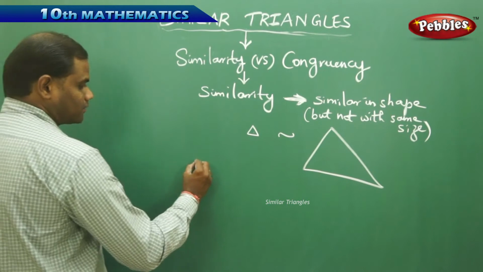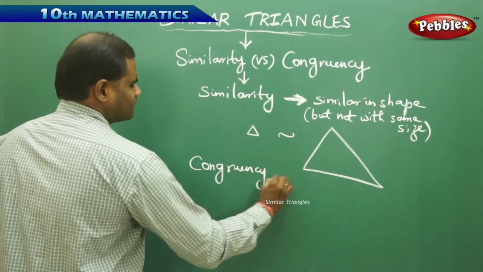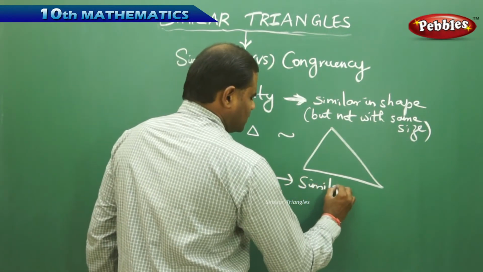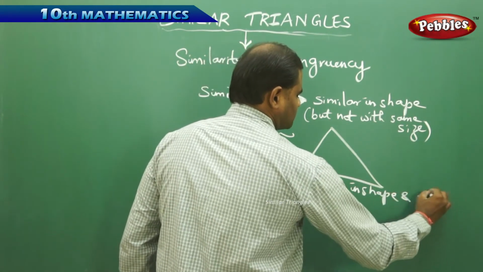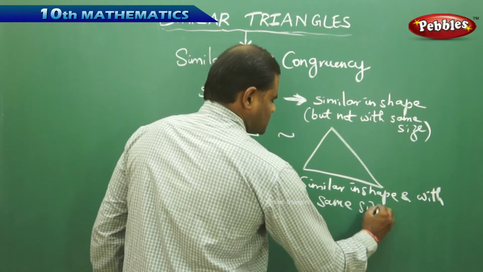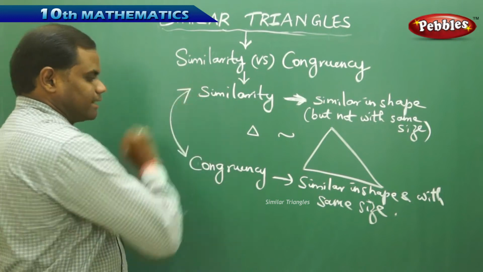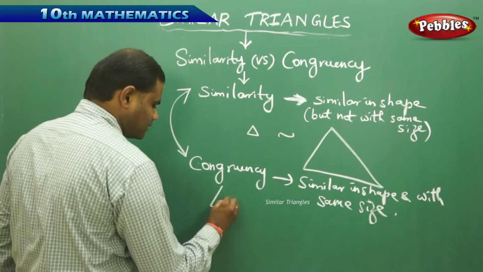So when I take congruency, they are similar in shape and with the same size. That is what I understand as the difference between similarity and congruency. Say for example, I take the triangles.